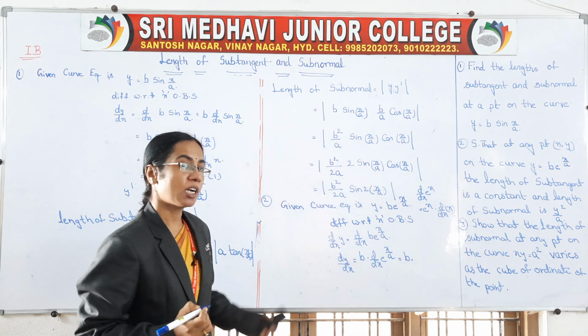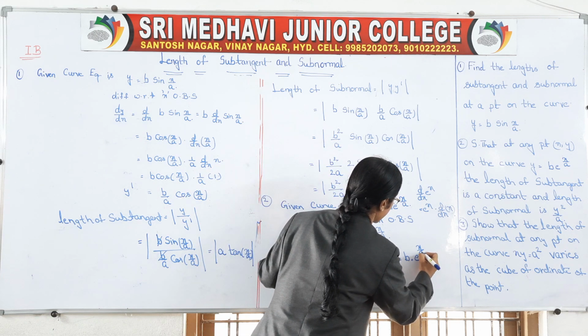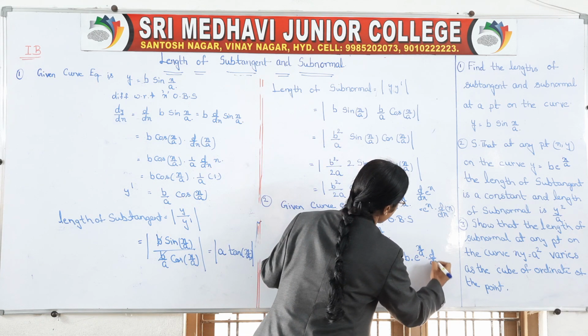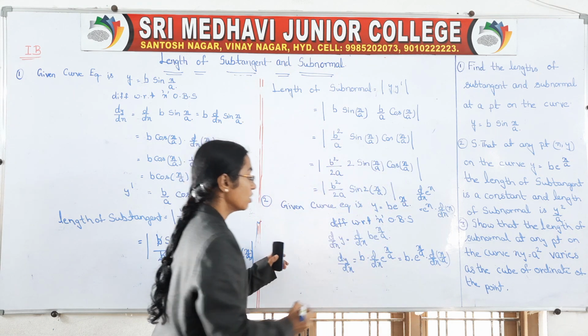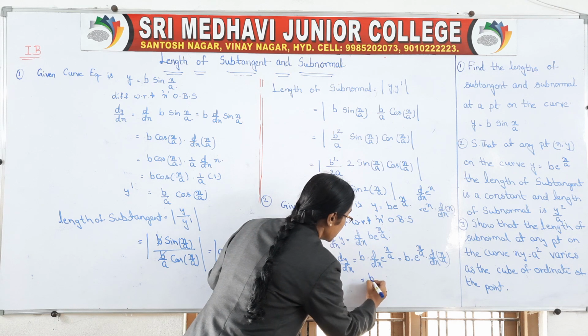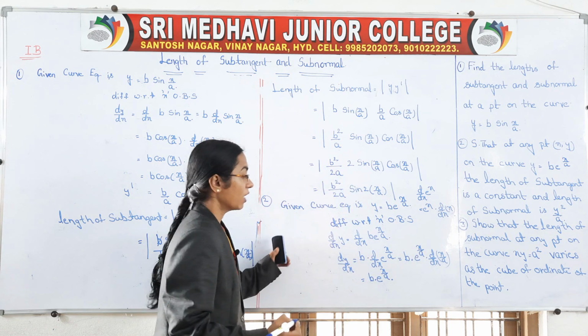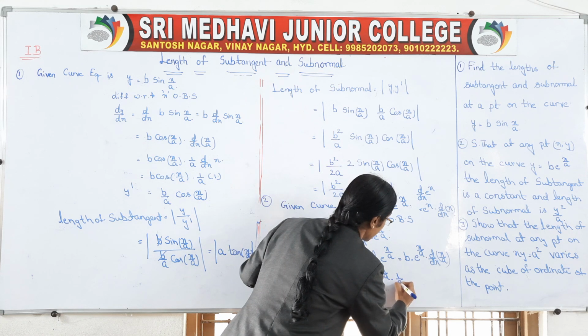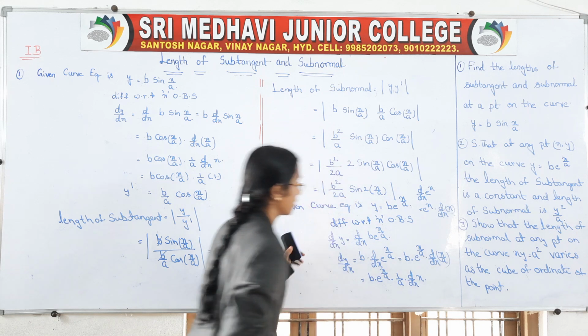So here also we will write e to the power of x by a into d by dx of x by a. So it is b into e to the power of x by a, and 1 by a is a constant, into d by dx of x.